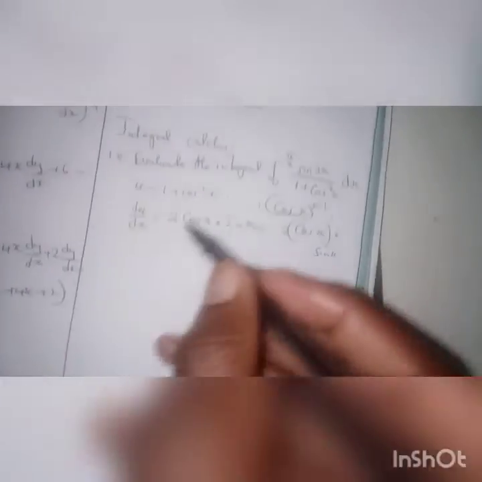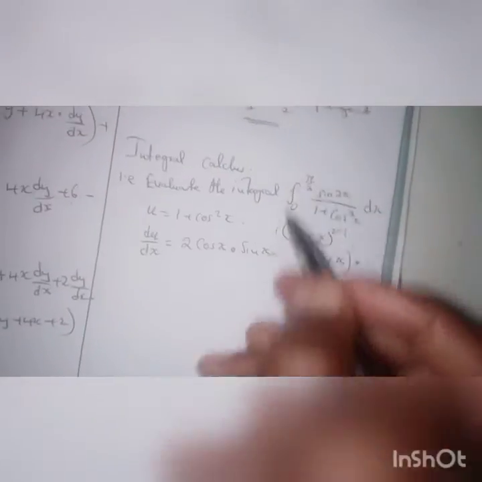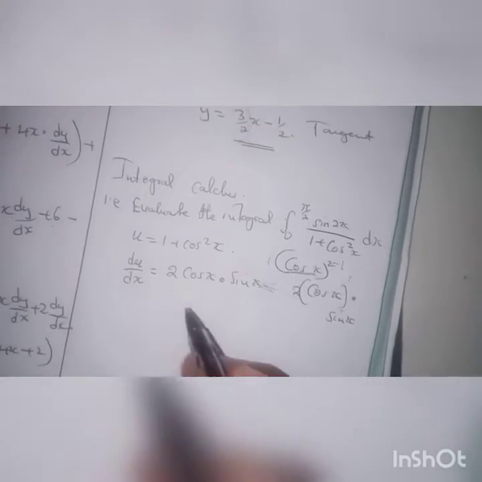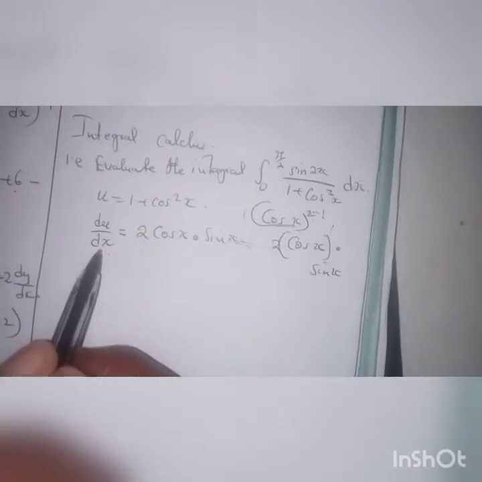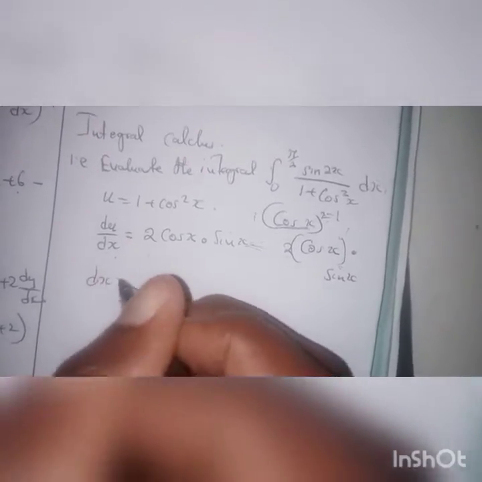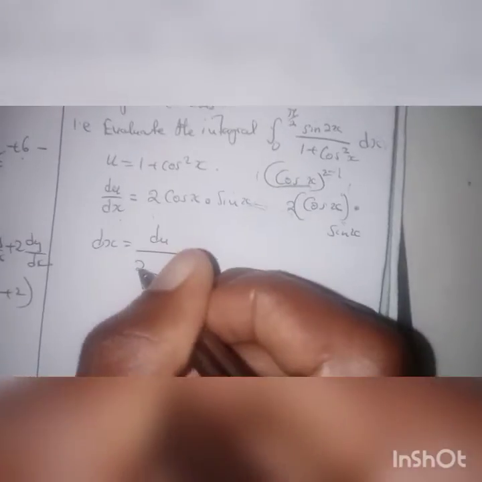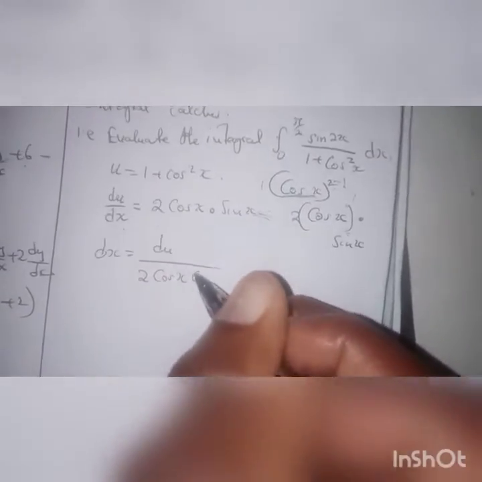So after that we have du dx, but our new function now, we can see here there's dx, so we can make dx as our subject. Therefore, dx will be du all over 2 cos x sin x.